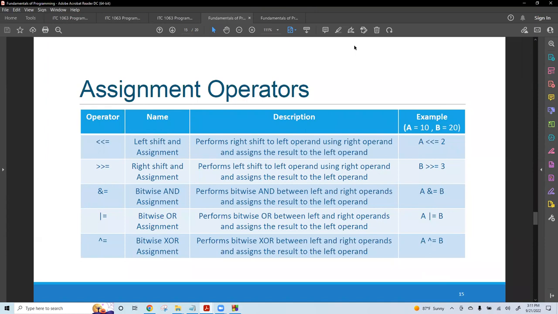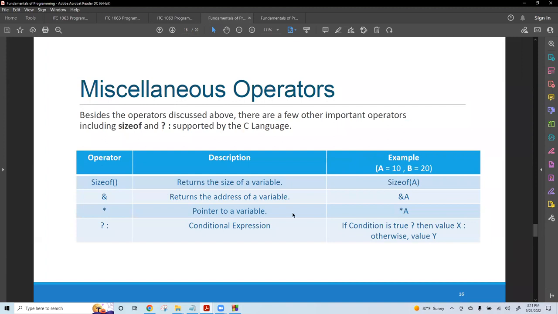So now it's almost time. Just look at this one. We are going to talk about this in later lessons, when we talk about pointers and conditional expressions.